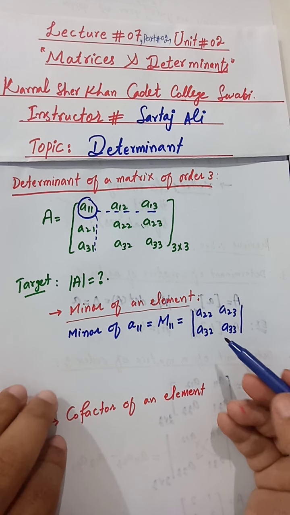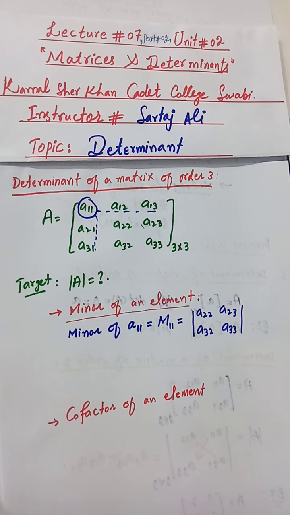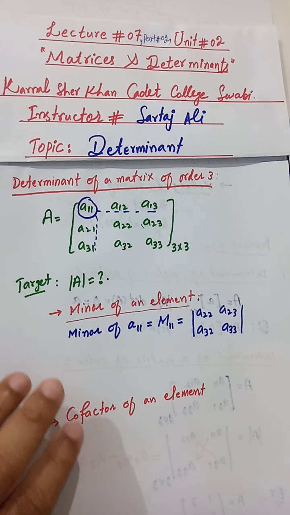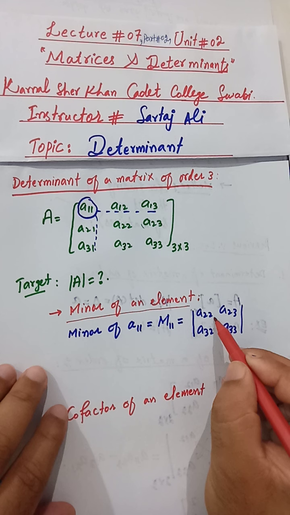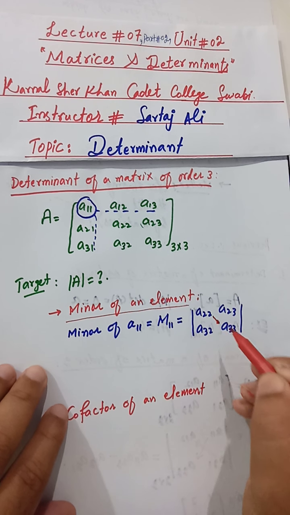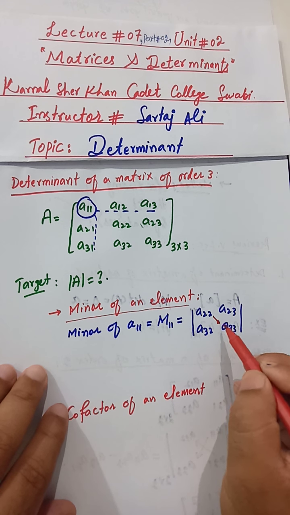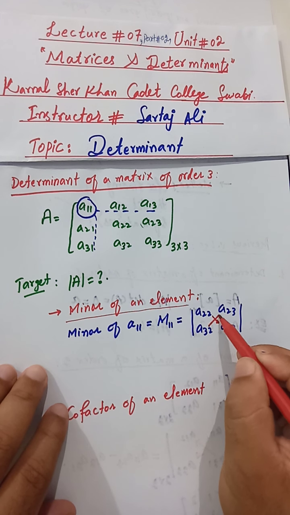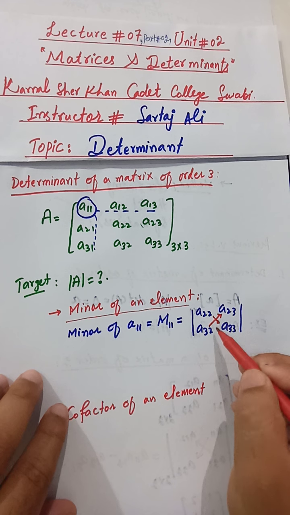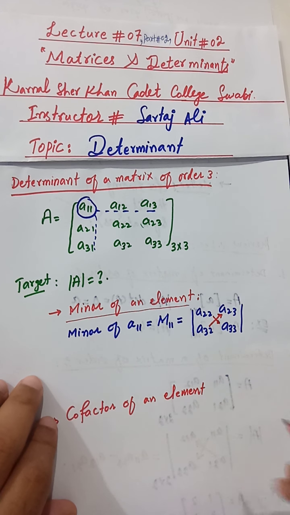Now you see that this is a square matrix of order 2, so it can easily be found. You can find the determinant of this by multiplying the principal diagonal elements, putting a minus sign in between, and multiplying the non-diagonal elements.